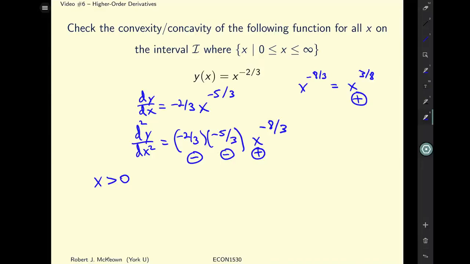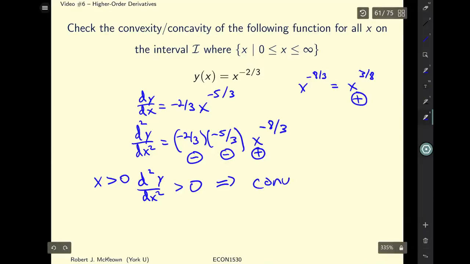And so if x is greater than 0, d2y over dx2 is going to be greater than 0. And if it's greater than 0, that means that it's convex.